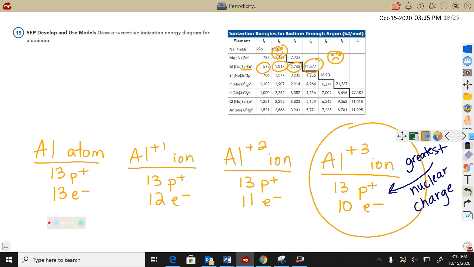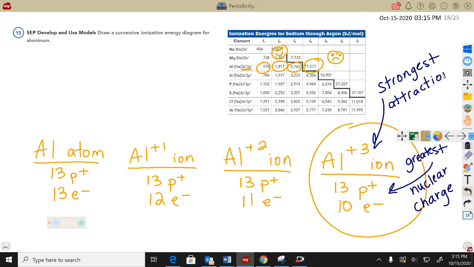Now the nucleus is obviously always +13, but the charge on the nucleus is way greater than the charge on the electron cloud. So when we say greater nuclear charge, we mean in comparison to the charge on the electron cloud. This then would be the strongest attraction.